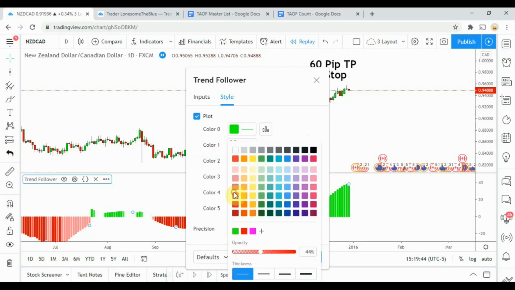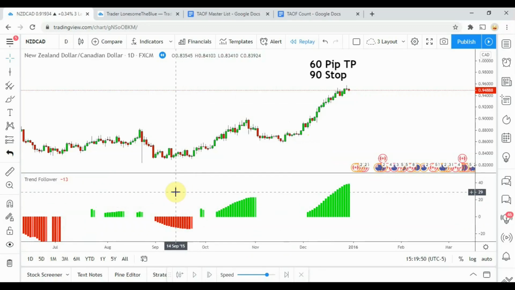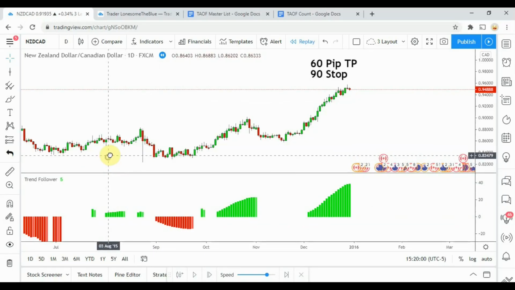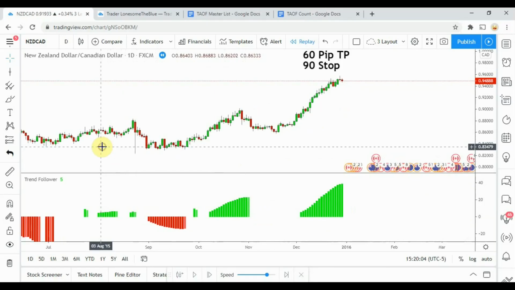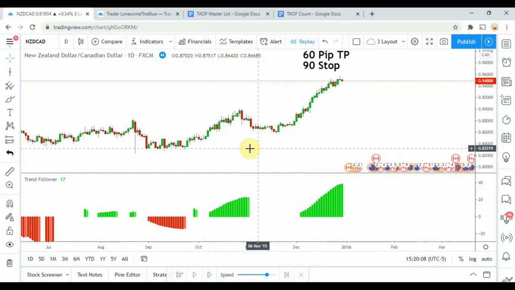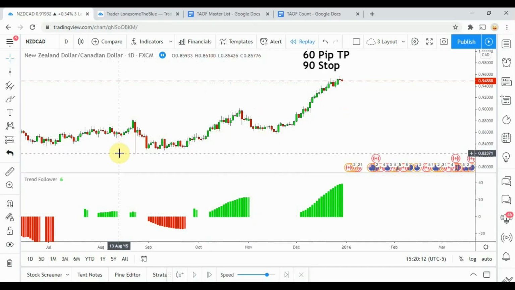Like that. And like that. And so what I've done is I've taken the bars that had the lowest opacity, the lowest visibility, and I have turned those completely down because those are areas of choppiness according to the indicator.